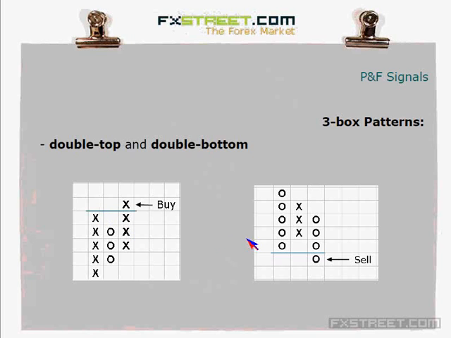And on the right side, we see the double bottom, where there is a descending column of O's, a subsequent rise or reversal by three boxes, which is the minimum reversal charted in a three box reversal, and immediately thereafter a new reversal by three boxes, plus another one breaking below the previous established support. Okay.